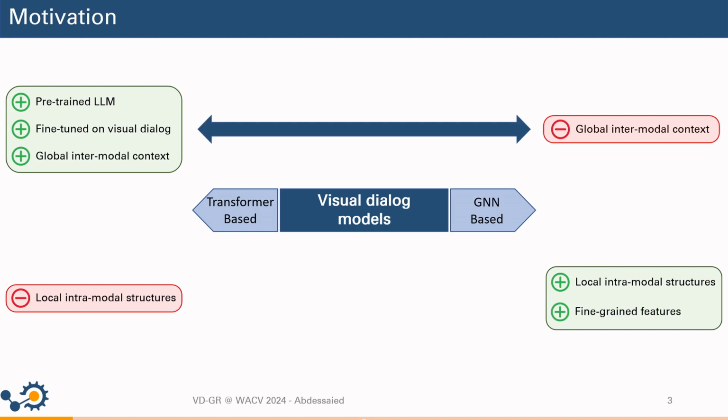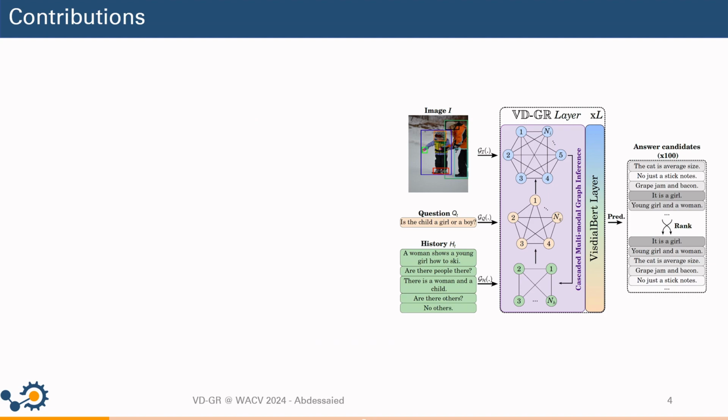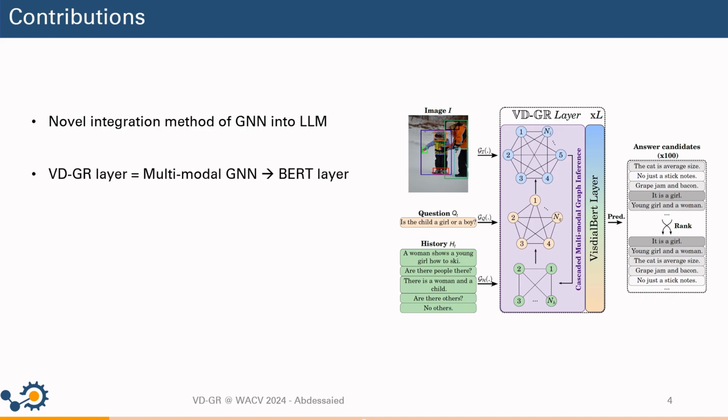To benefit from the complementary strengths of both classes of models, we introduce VDGR, a novel visual dialogue model that integrates GNNs into language models. As shown in the figure, each VDGR layer alternates between multimodal GNNs and a BERT layer.